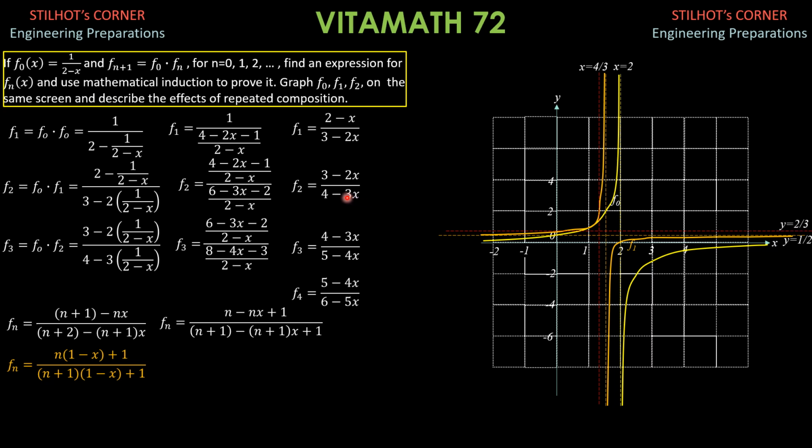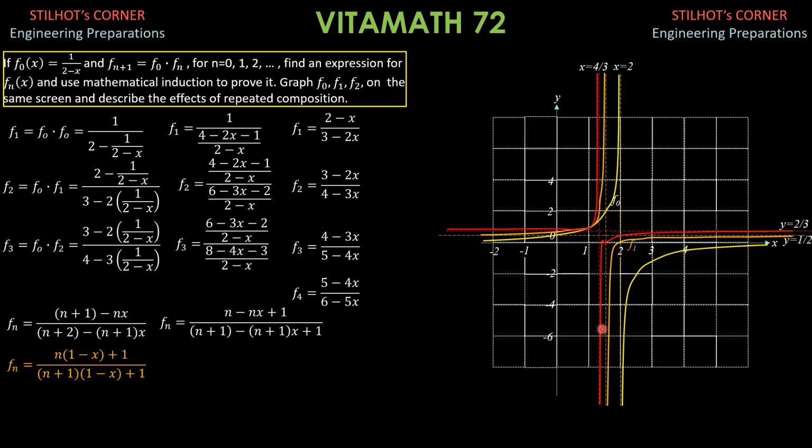Then for F2, the horizontal asymptote is 3/4 when x approaches infinity without bound, positive or negative infinity. F2 approaches 3/4. So that's the horizontal asymptote for F2. Then its vertical asymptote is 4/3, 1 and 1/3.